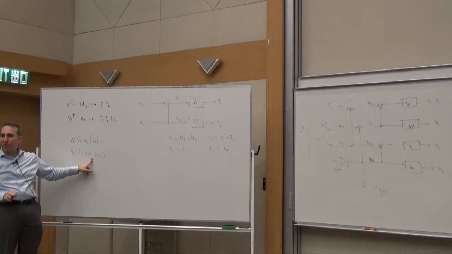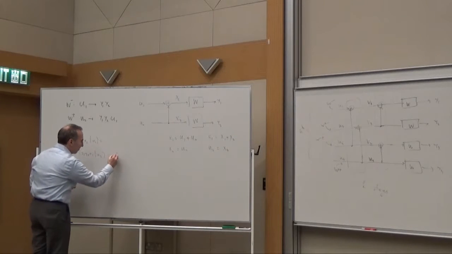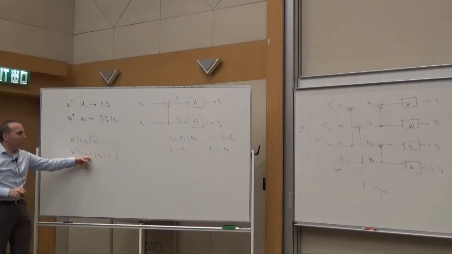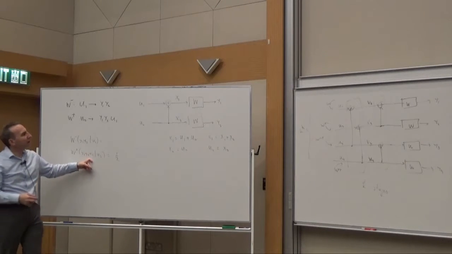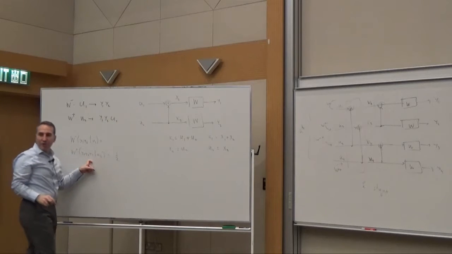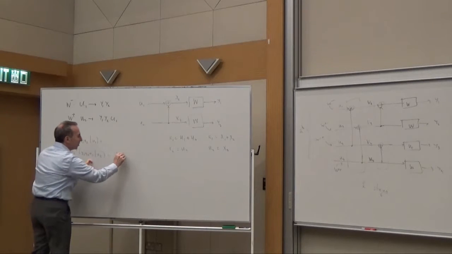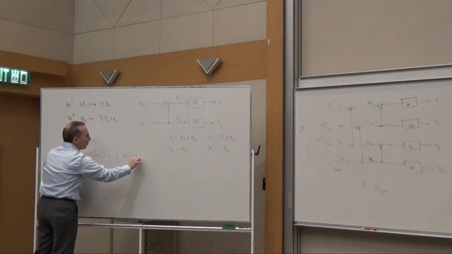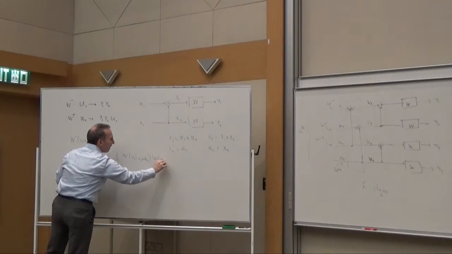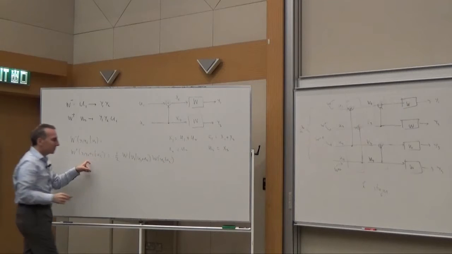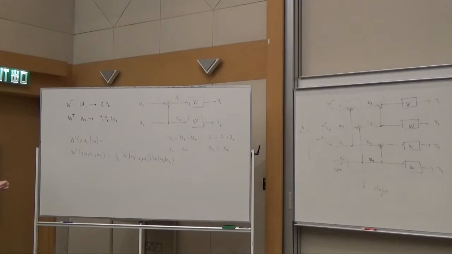It can be either 0 or 1 with equal probability. Once U1 is chosen, the inputs to these two channels are fixed. This is the transition probability of the W plus.